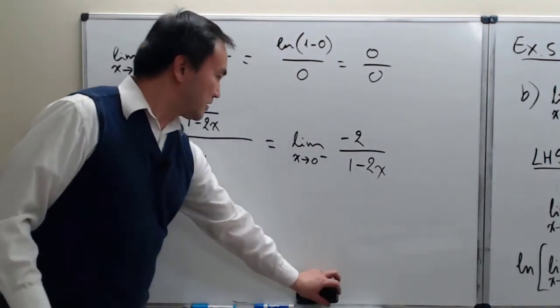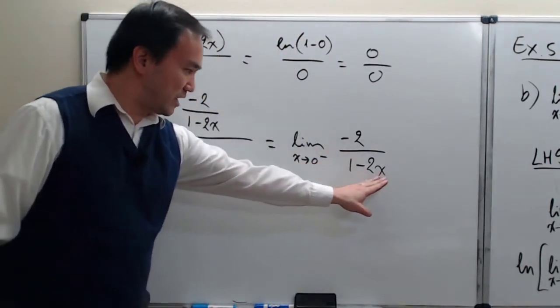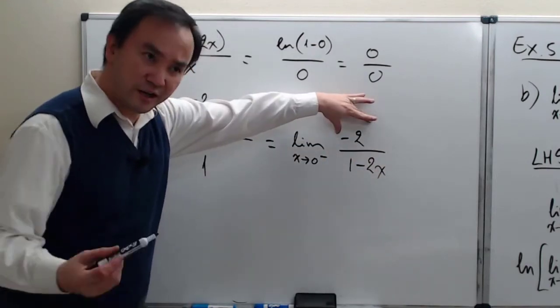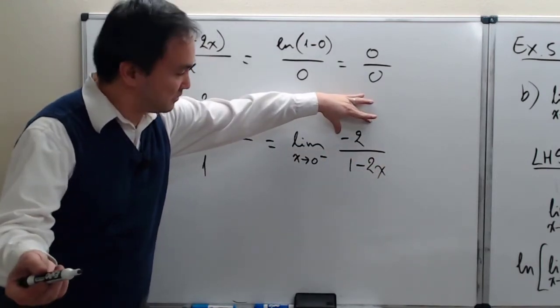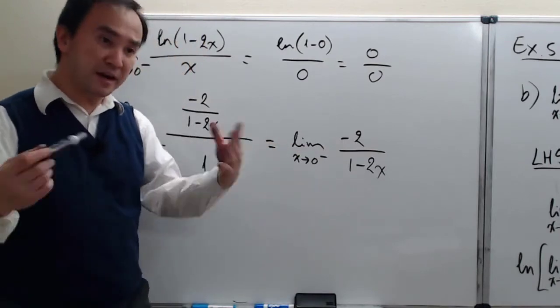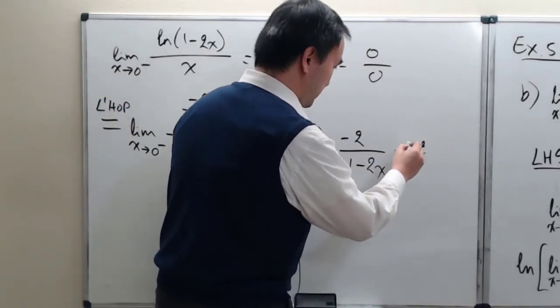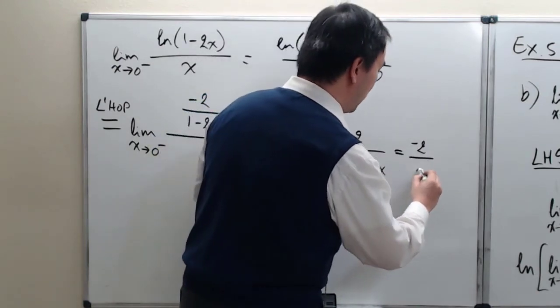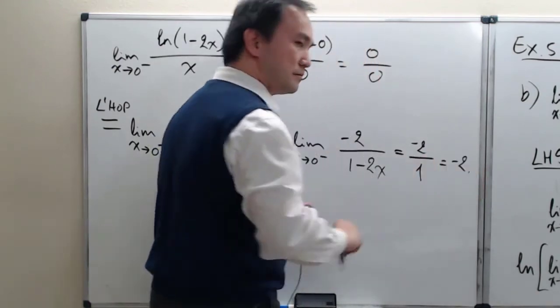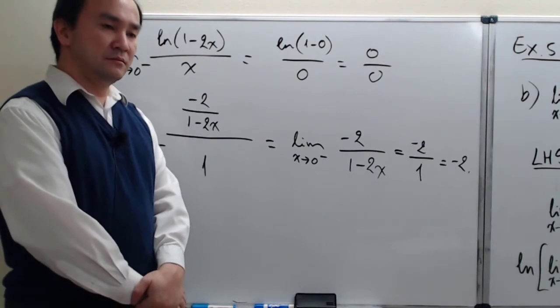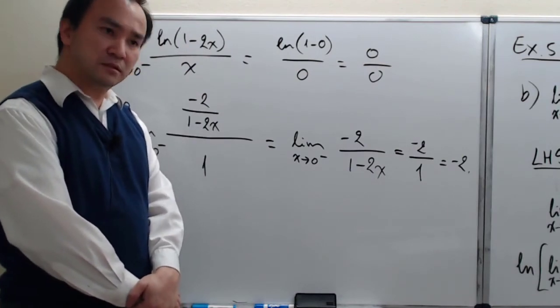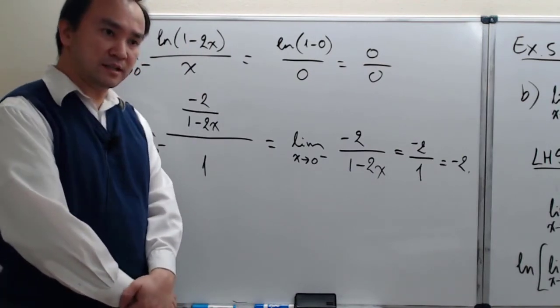Okay, so as x now goes to 0 in the denominator, the numerator is completely independent of the x variable. So it stays negative 2, according to basic limit laws, over 1. So it's negative 2. Bingo, we found a working and successful limit.